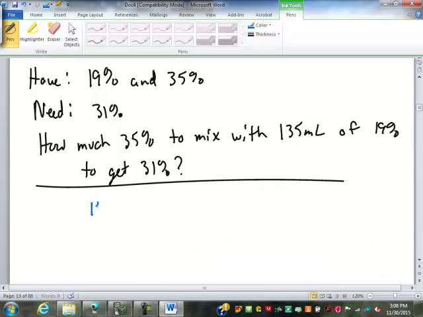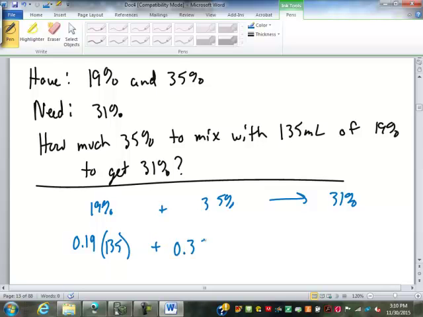Okay, so we're going to mix 19%. I'll give you a second. So 19% is 0.19 times, do we know how much? 135. Plus 35% is 0.35 times x. Very good. Equals 31%, which is 0.31 times x plus 135.